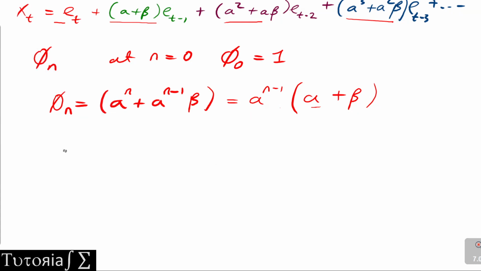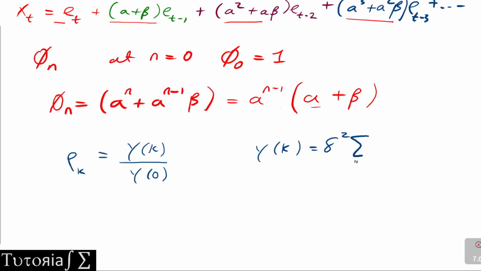Basically we had rho_k being equal to gamma_k over gamma_0, and gamma_k is equal to the variance squared times the sum from 0 to infinity of phi_n times phi_{n+k}.